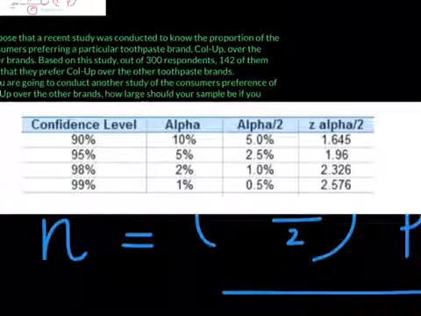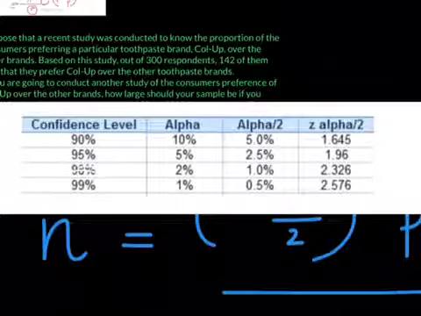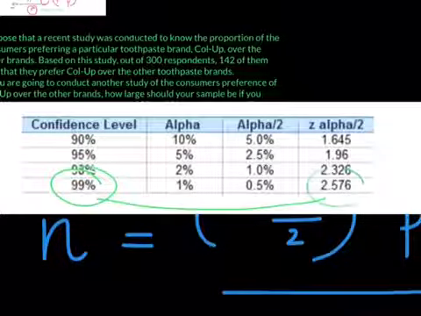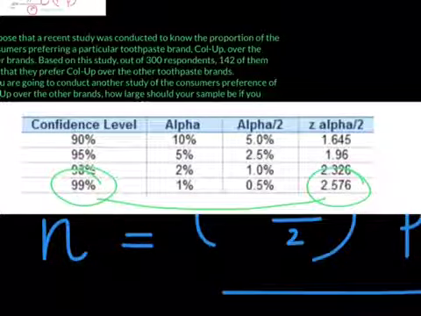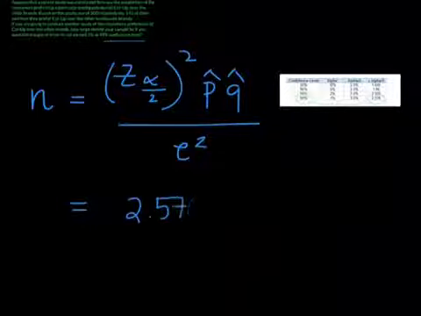So again, if we have to construct a confidence interval using the 99% confidence level, the z of alpha over 2 that we have to use is 2.576. So that means our computation is n equals z of alpha over 2 for 99% confidence level, that is 2.576, and this will be squared.